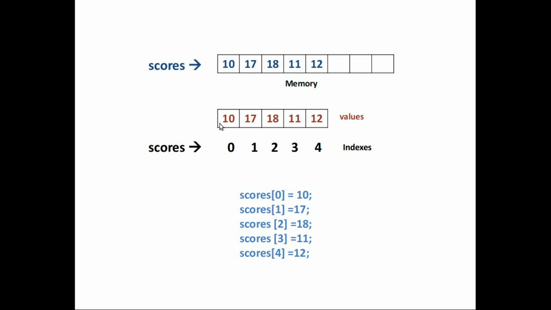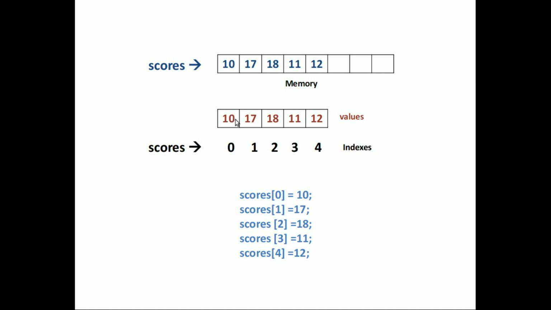But to access the first element in that container, which is our array, I use scores, which is the name of the variable that points to all of these. I say scores and I put in square brackets 0. This is the first value. The first value is always at position 0.